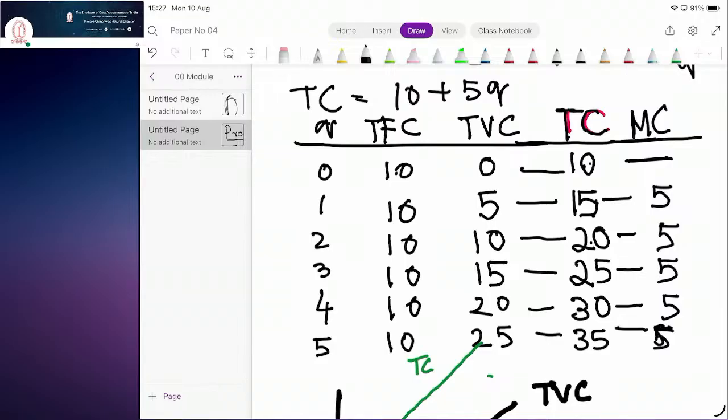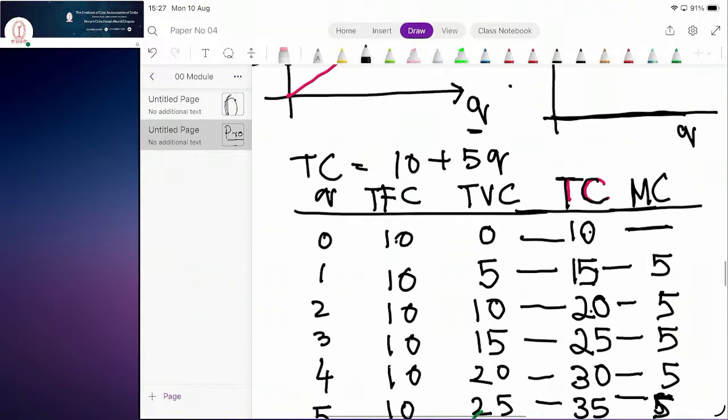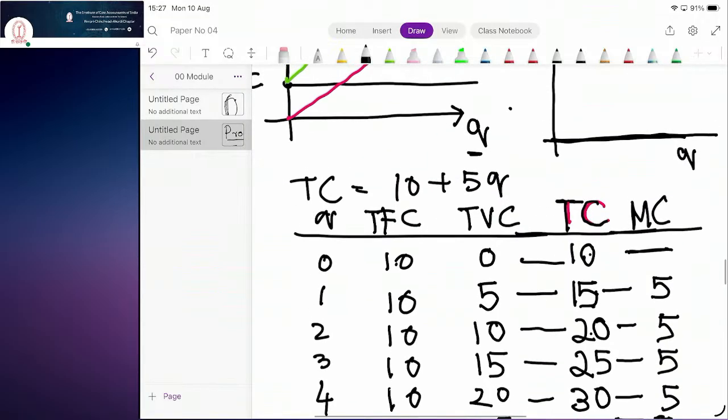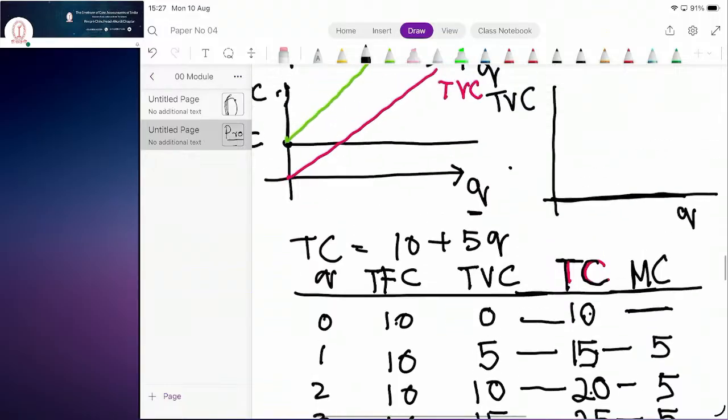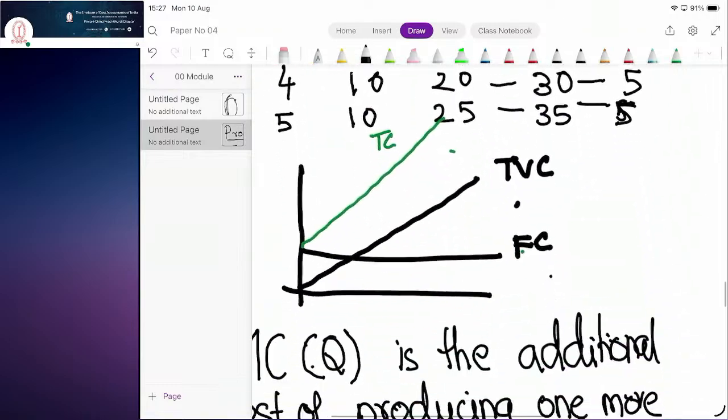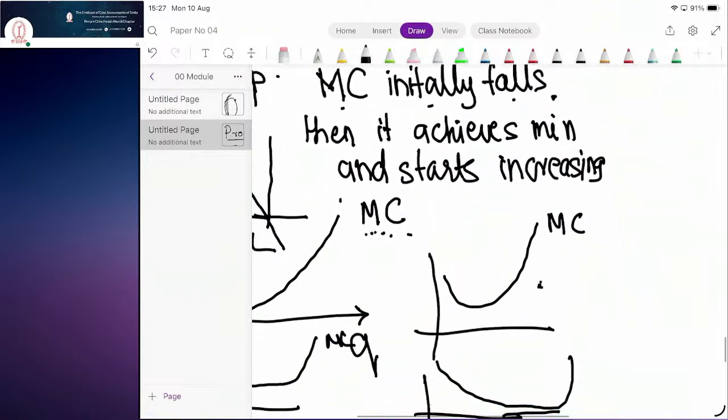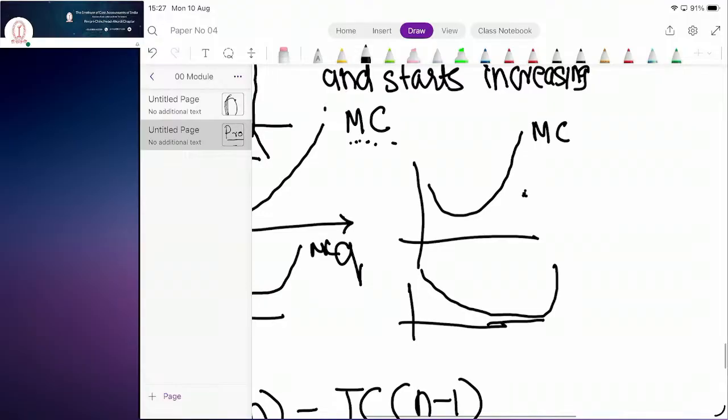But in more complicated examples, if I take a quadratic form here, 10 plus 5q square, then you can get a marginal cost curve which is like this. It is initially falling and then it is increasing.